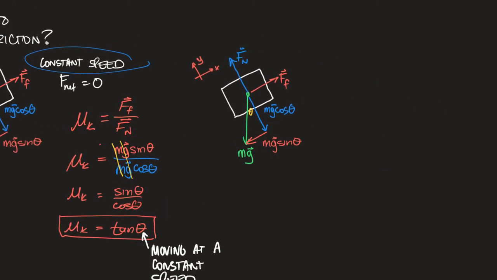And this time, we're not looking at the box moving at a constant speed. We're looking at, for example, increasing the angle of the slope while the object is still, and you basically keep track of the angle at which the object starts moving. Like the instant the object starts moving, that's the angle you keep track of.